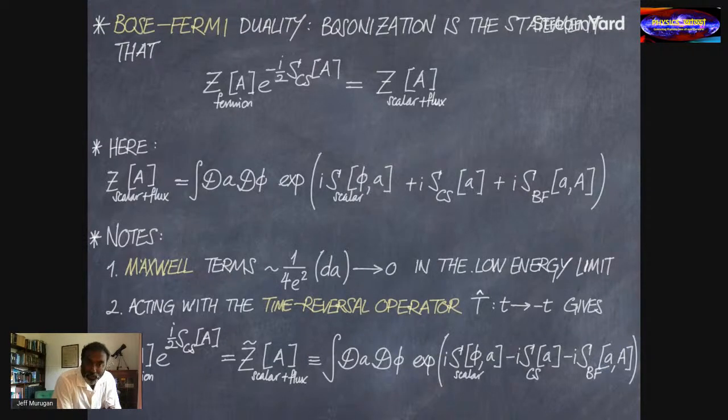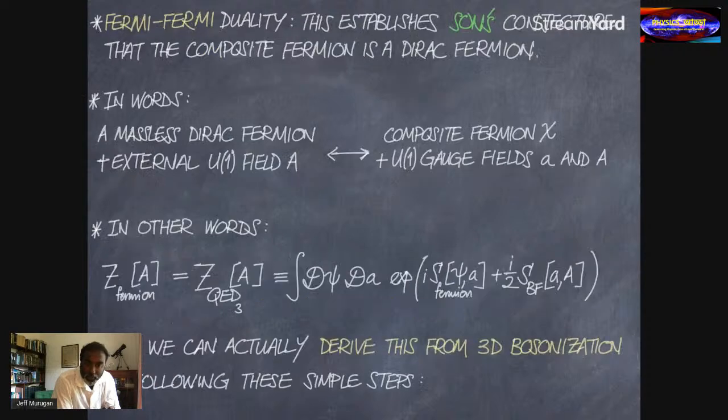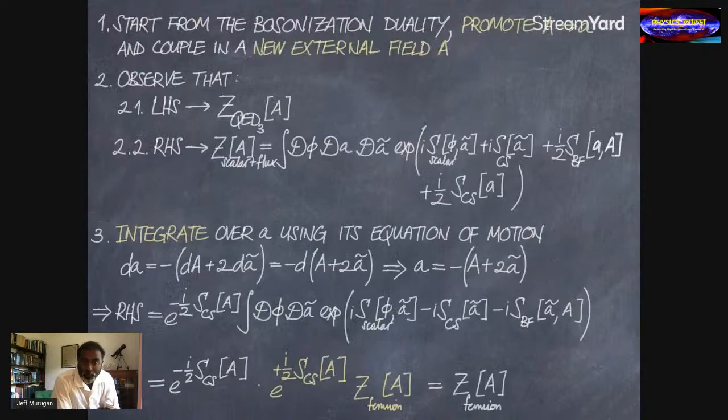Now, given that we know how to write the Bose-Fermi duality in this path integral way, we have all the tools we need to derive the Fermi-Fermi duality from 3D Bose-Fermi duality. And it goes like this. Step one, you start from the bosonization duality.